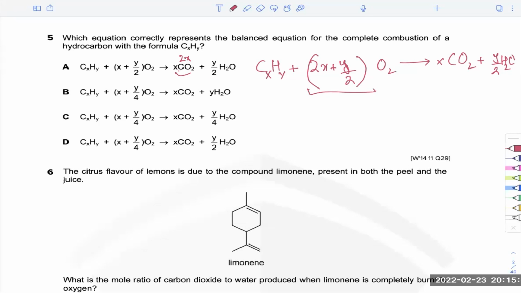What is a multiple of 2x plus y by 2? x plus y by 4 or 4x plus y, right? I'm just trying to multiply it with different numbers to come up with one of the options. If I divide it all by 2, I get this one. If I multiply by 2, I get this one. So as long as there's a multiplication factor here and it's balanced on both sides, I get this as my answer.